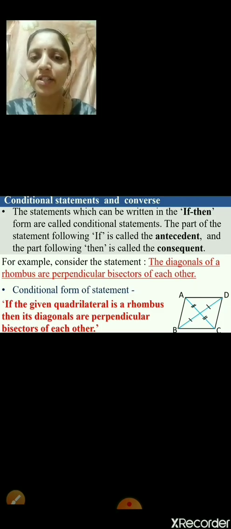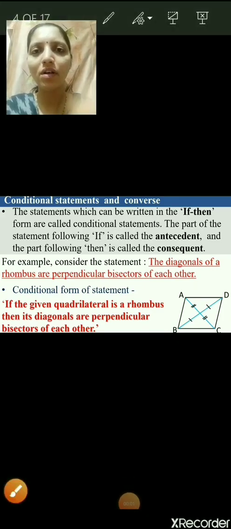What are the two parts here? Diagonals of rhombus, and they are here the quadrilateral given is a rhombus, and in rhombus the diagonals are perpendicular bisector of each other. So these are the two parts of the statement. Then write in the form of if then. So the statement will be if the given quadrilateral is a rhombus, then its diagonals are perpendicular bisector of each other.